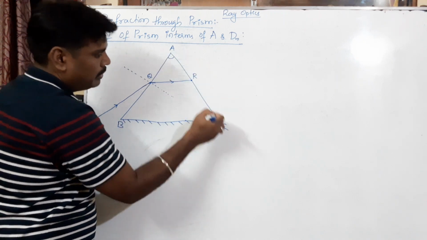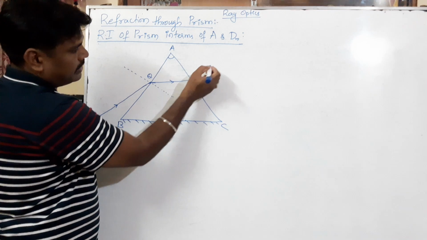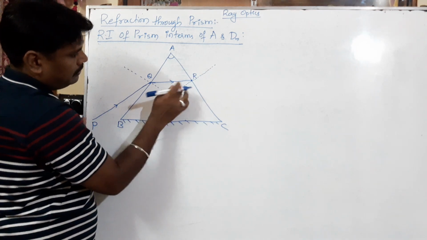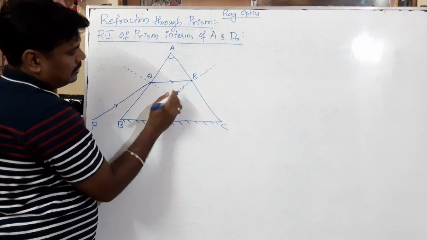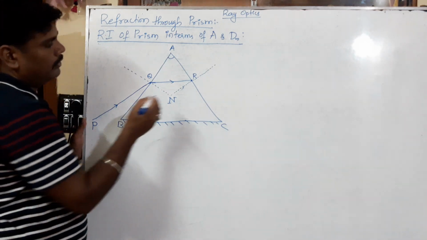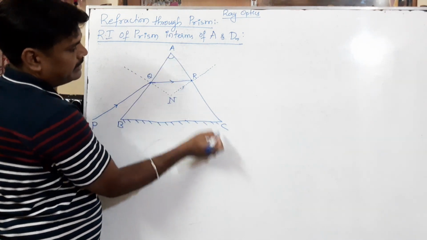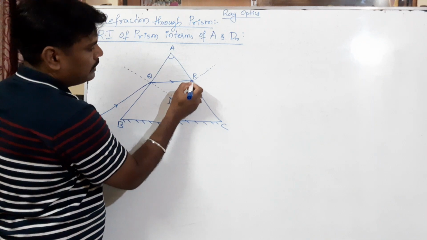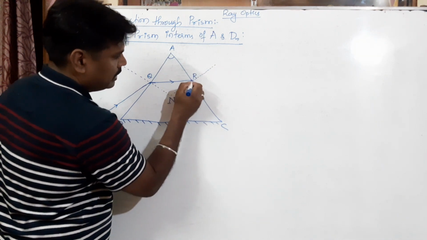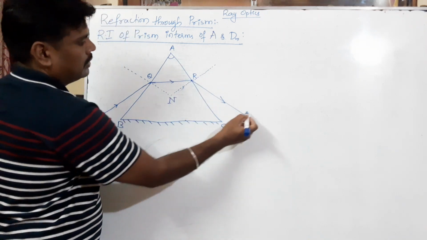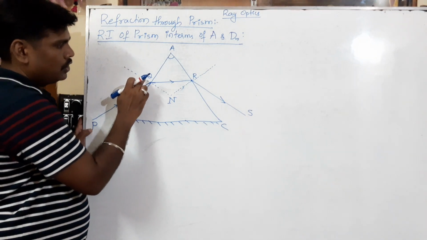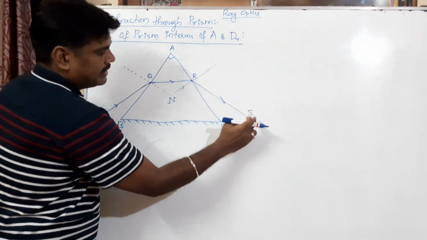Here for the plane surface AC, the second plane surface, you have to write the normal, perpendicular, drawn to the point of incidence R. Now where the two normals meet, name that point as N. After refraction by the second surface AC, the light bends towards the base of the prism because it bends away from the normal in this direction. So PQ is the incident ray, QR is the refracted ray, RS is the emergent ray.